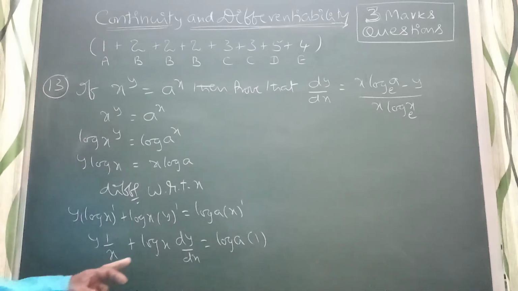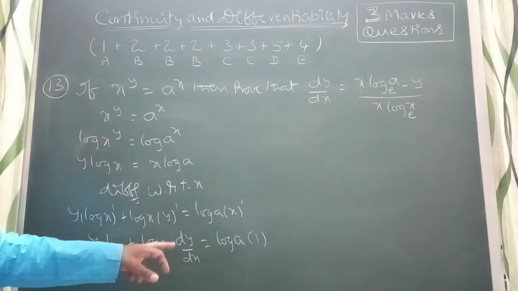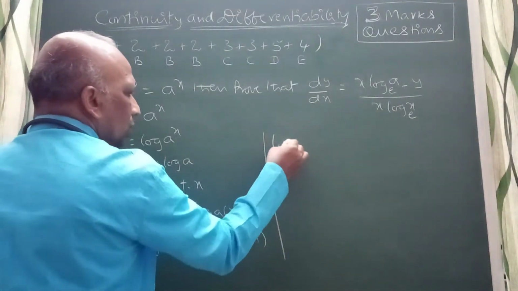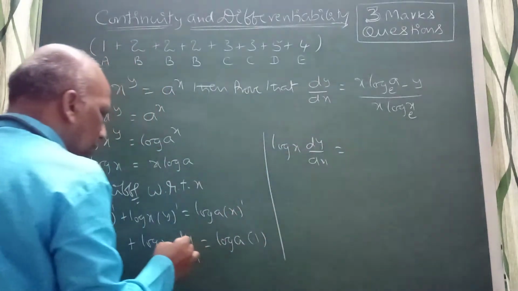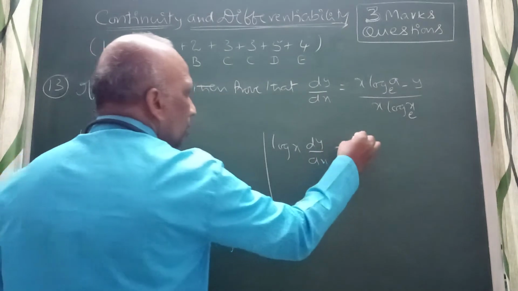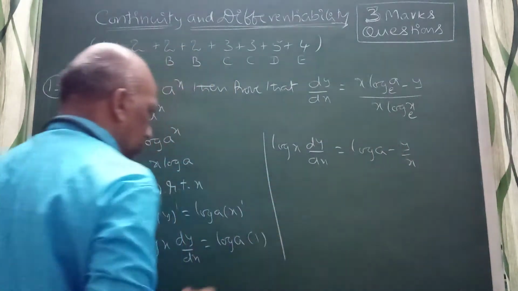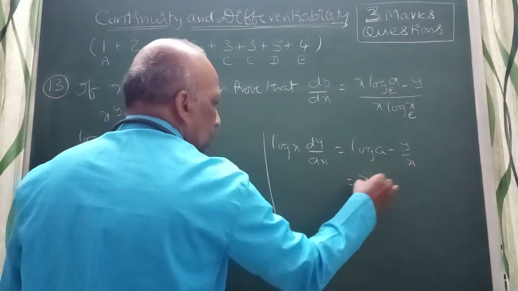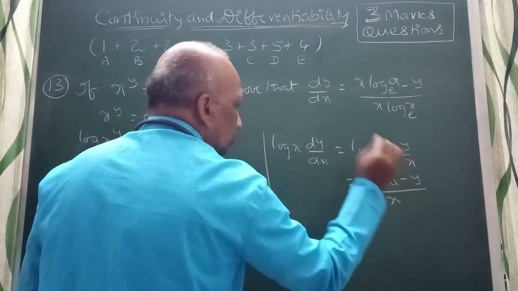I have written it like this: y into 1 by x. I want dy by dx, so I can transfer that side: log x into dy by dx equals log a minus y by x. Now if we take the LCM, it is (x log a minus y) by x.